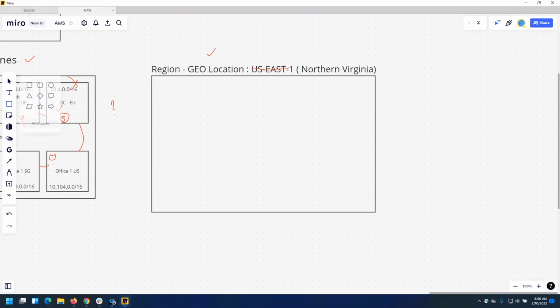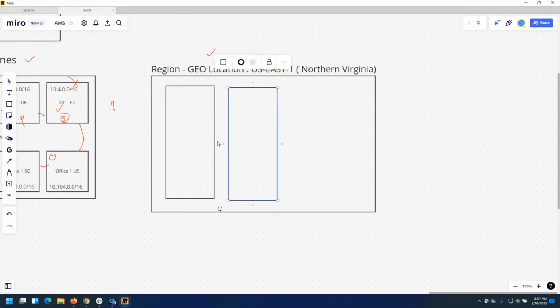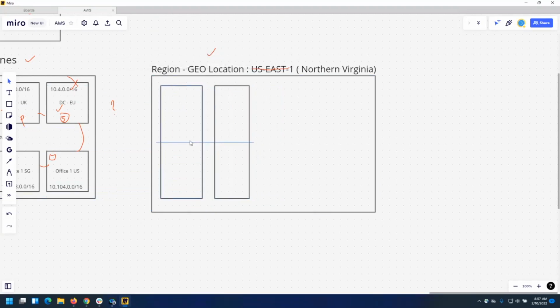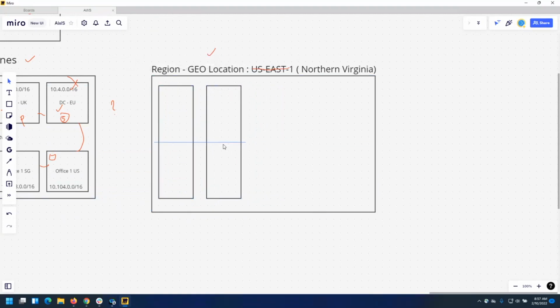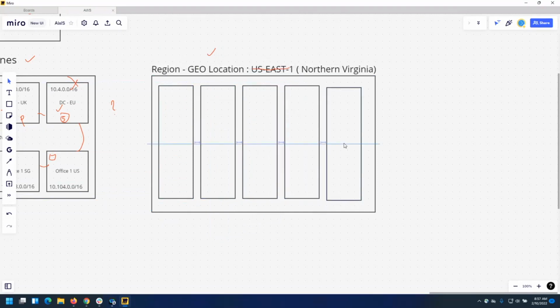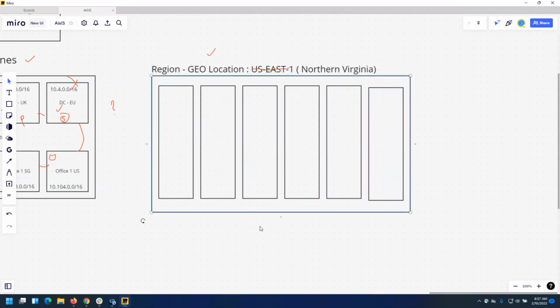Now, in that city or in that region, they actually have six different buildings. Like this, they have six different buildings.